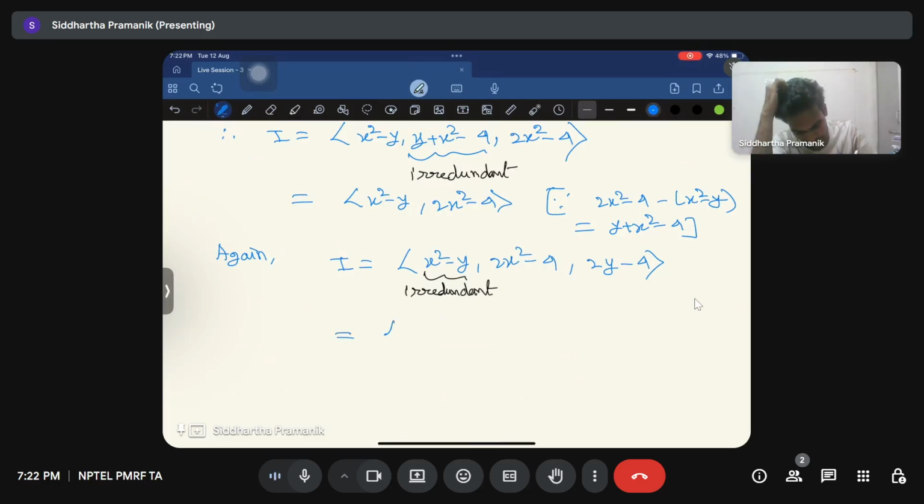So we can write this as 2x square minus 4 comma 2y minus 4. This is because x square minus y can be written as half times 2x square minus 4 minus 2y minus 4.